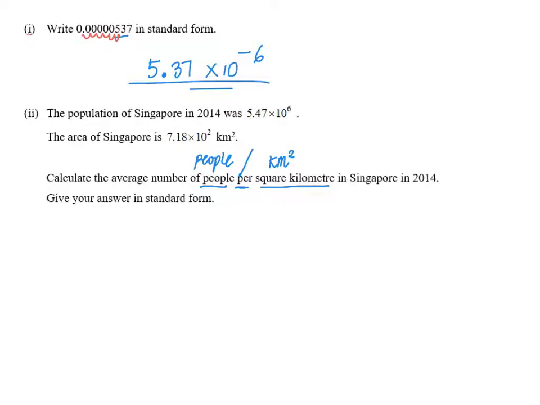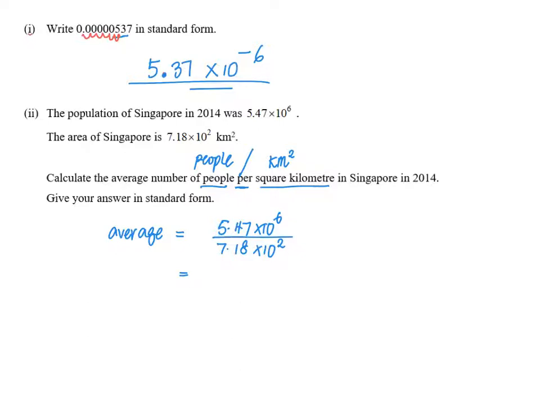They want the number of people divided by the area. So the answer for the average in this case will be the number of people divided by the total area. And then after which we need to express our number in standard form.